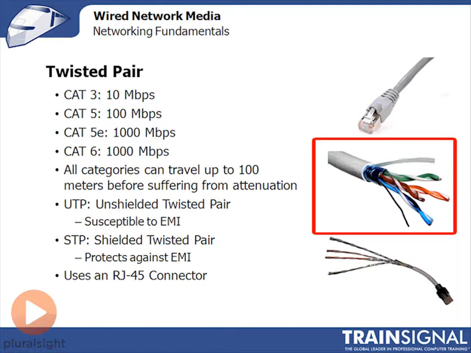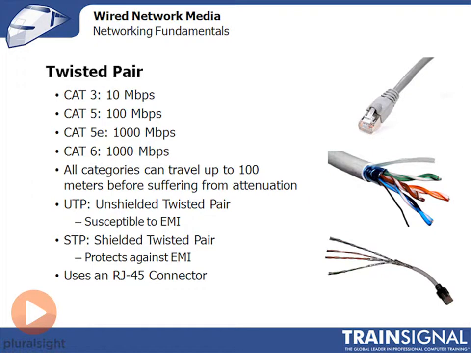You would have to specifically request or look for shielded twisted pair. Now, if you look carefully at the bottom picture, you'll notice that each of the twisted pairs have some foil wrapped around them, and that's shielded twisted pair. So that's what it would look like on the inside of that cable.